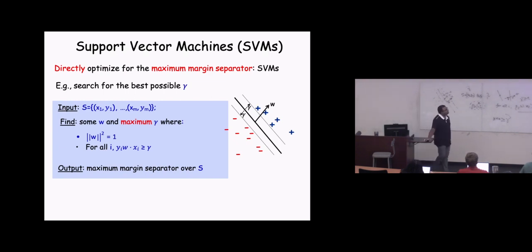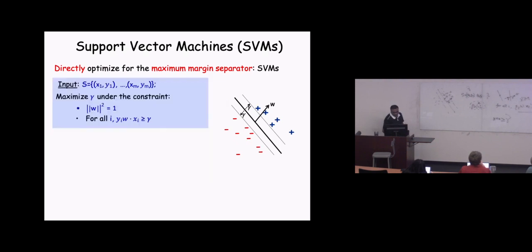How about we get rid of one of them? That would be cool, right? If I don't need to figure out both W and gamma, let's say I just want to figure out one of them. That would be nice. Do you agree? I mean, that will simplify our life, right? Okay, sure.